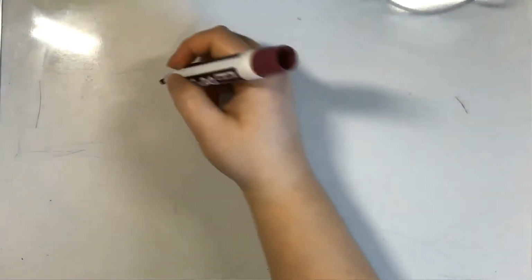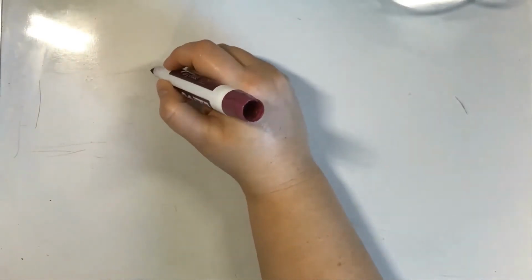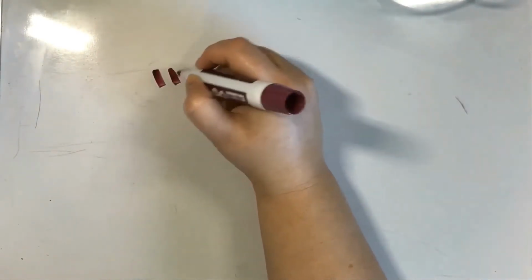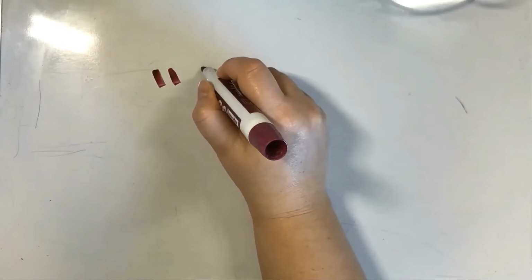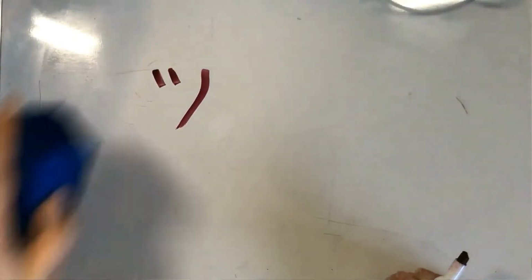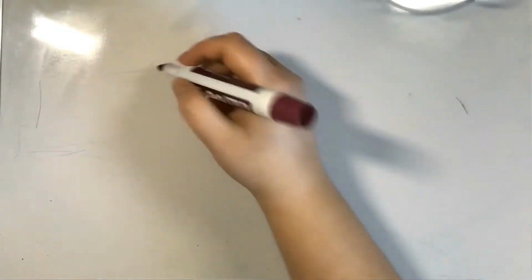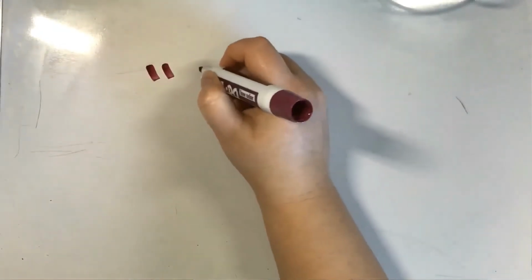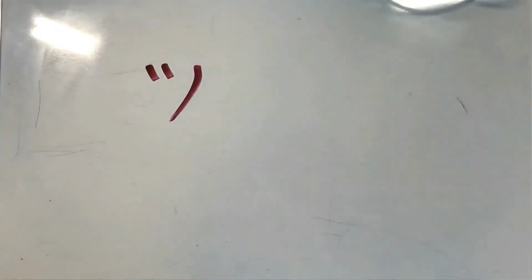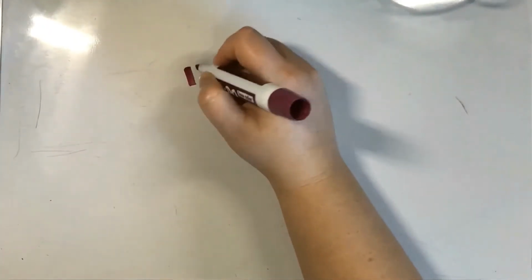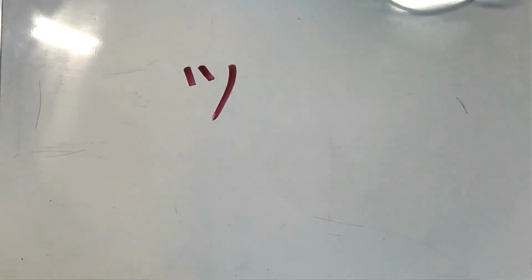You do quotation marks, starting on the left, then on the right, then come down and swoosh. Quotation marks and a line. Like so. And that is tsu.